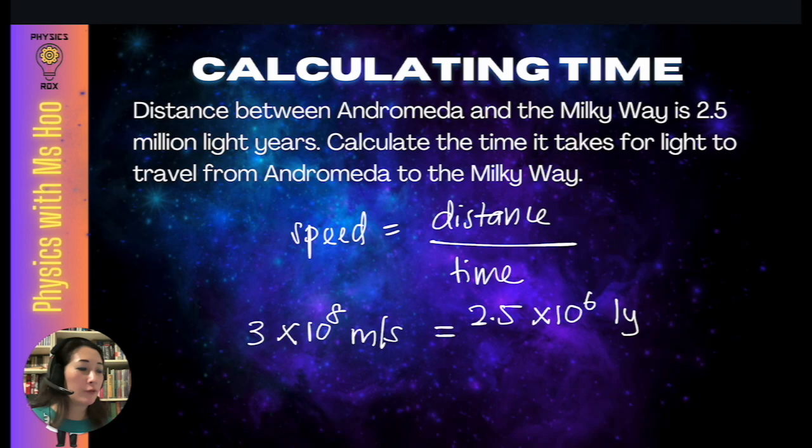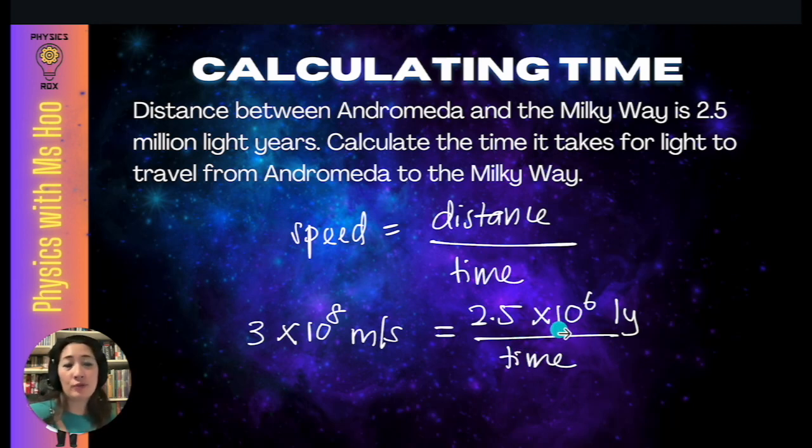I'm going to write LY for short. If you do this, you can't solve it because the unit for the distance is in light years, but the speed is in meters. The distance unit does not match, which does not enable us to be able to solve this straight away. So then how do we solve this?